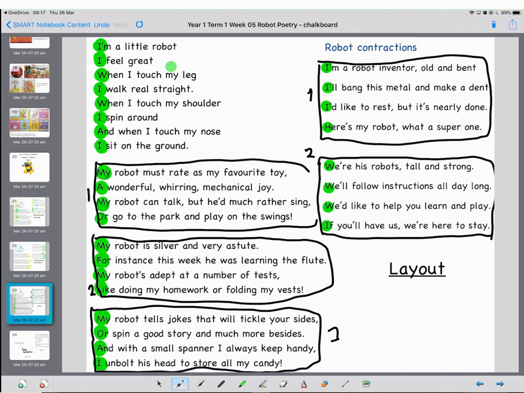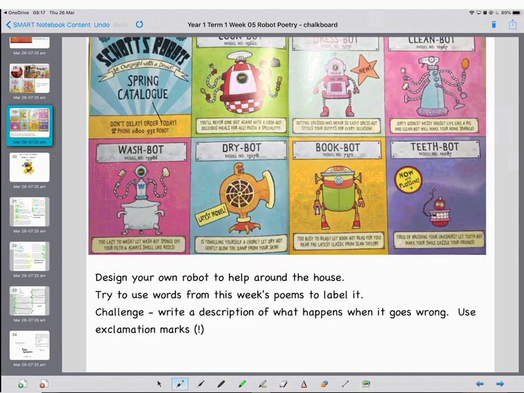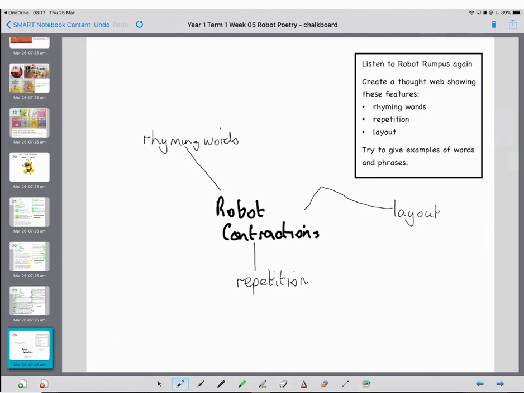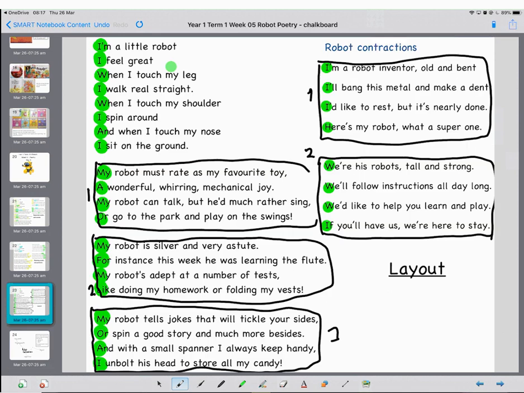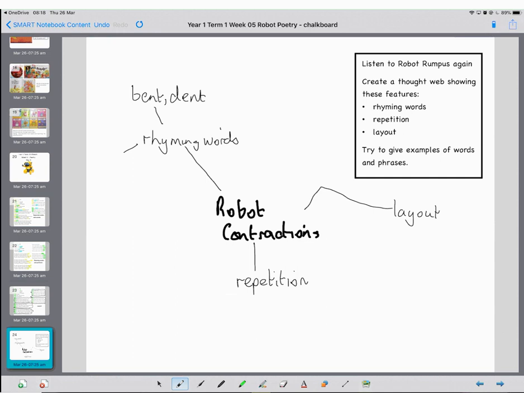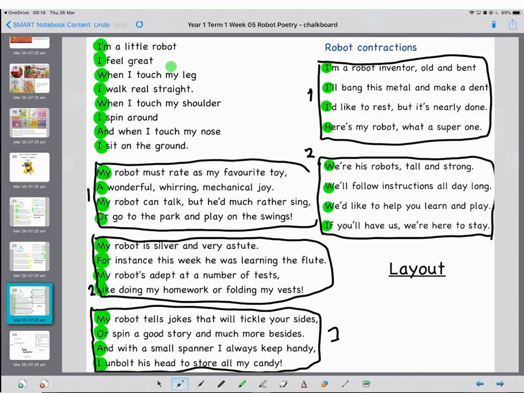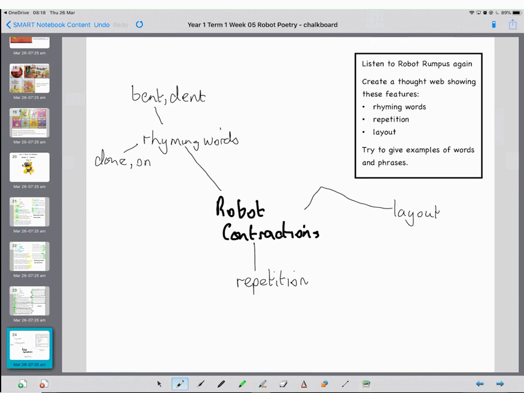So what I would like to do now is I would have examples coming off. So bent, comma, dent is one example. Done. One is another example, and you keep doing them off.